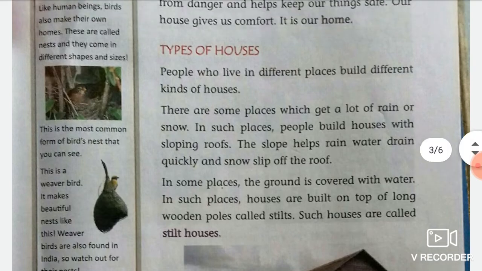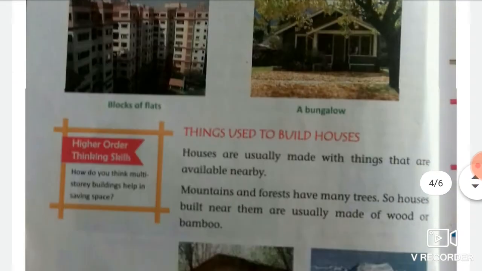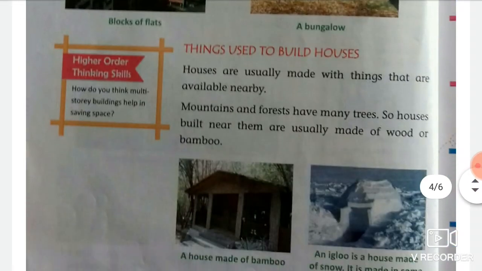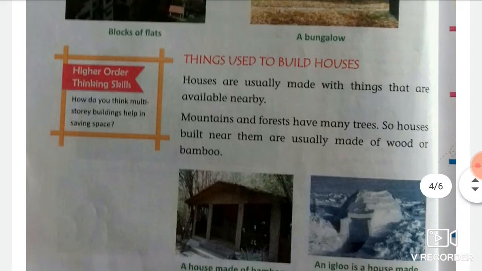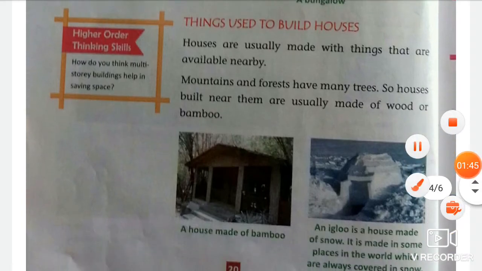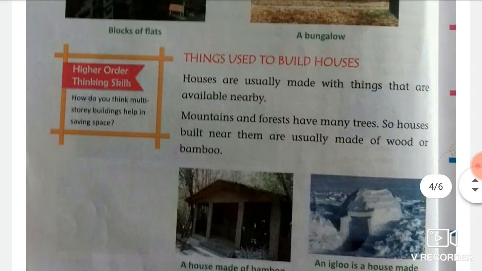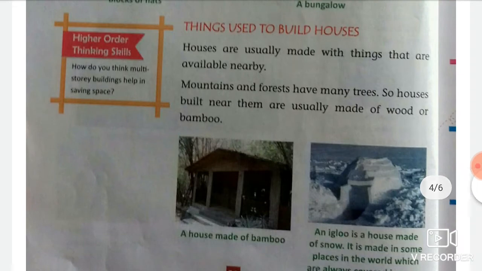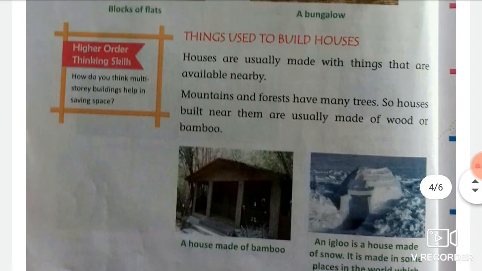In today's video we will see the things used to build houses. We will discuss what things we use to build a house. In our previous video we had also covered some part of this topic, and in today's video we will go through it.